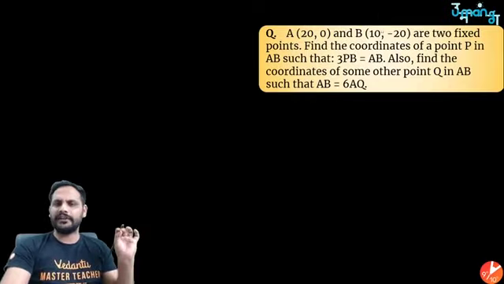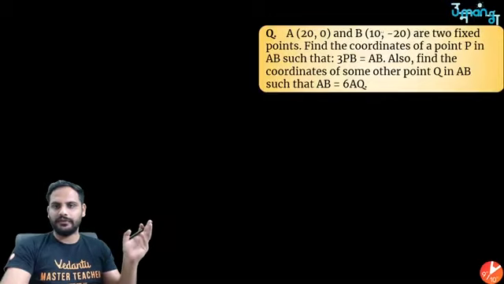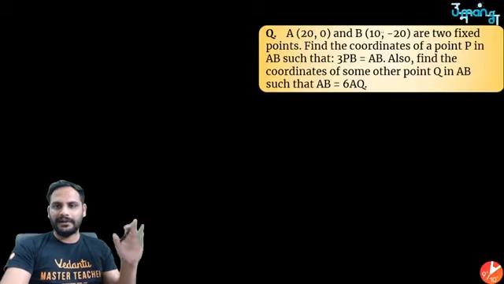ठीक है, simple section formula we have used beta. Nothing else. P is 40 by 3 comma minus 40 by 3. 2 into minus 20 plus 1 into 0. Where is 0? Oh, why 0? I think the coordinates are given something. Typing mistake.